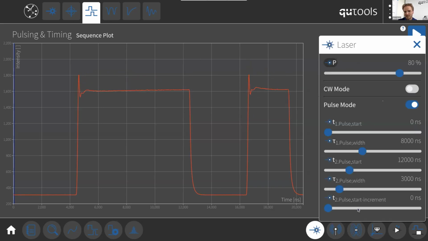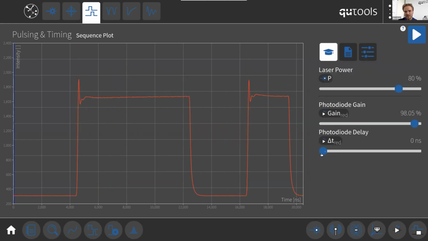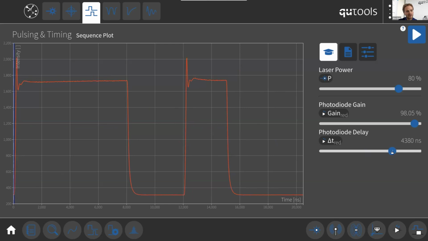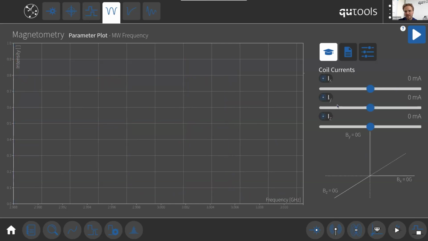So for example, if I open the specific parameters for the laser here, you see the start of the pulse 1, and I can shift this, and you can directly see in the measurement results that this laser pulse is shifted in time as well. And if we do everything correctly here, we want this to go there and start at 0. And then we can continue with the other experiments.